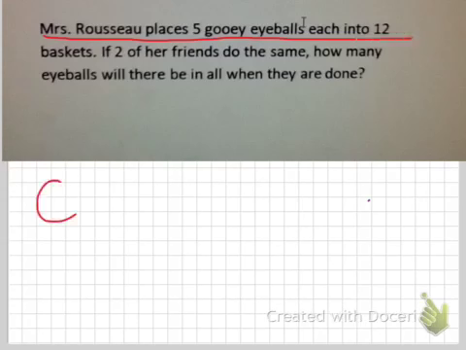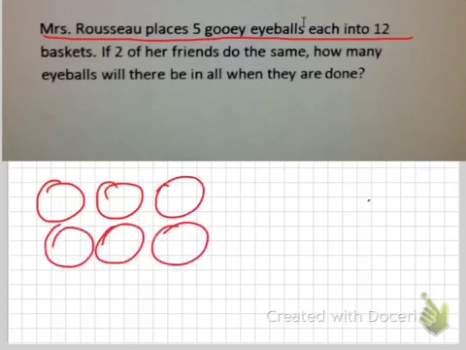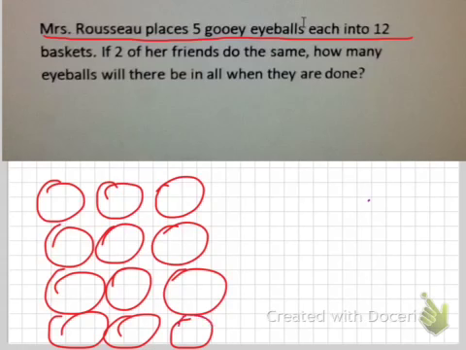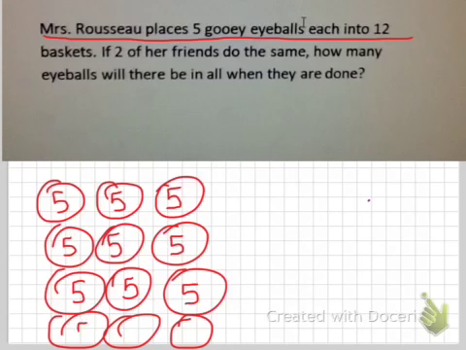Okay, so I'm going to draw out 12 different baskets, and each of those baskets are going to contain 5 eyeballs.